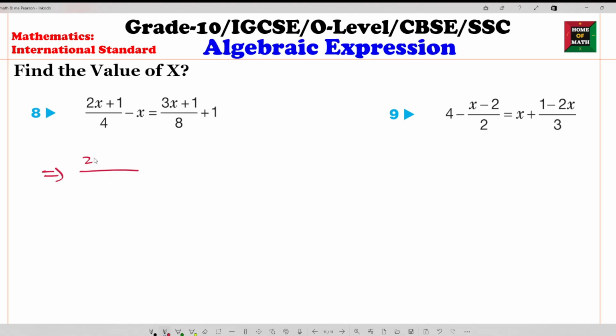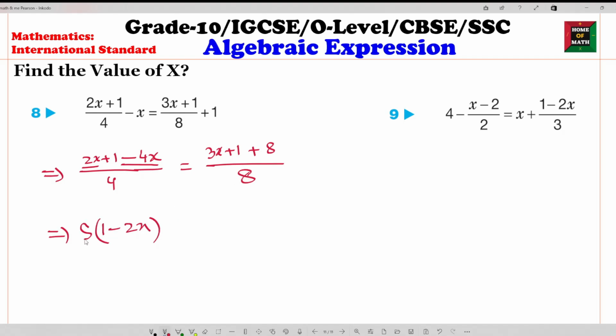So here is 2x plus 1, divided by 4, 4 is the LCM, and here is minus 4x, equals, the LCM is 8, so here is 3x plus 1 plus 8, and cross multiplication. So here is 2x minus 4x, so it will become minus 2x, so 1 minus 2x, and this 8.